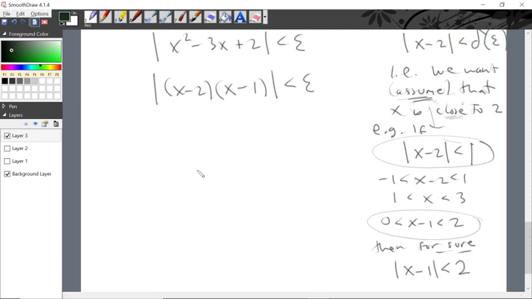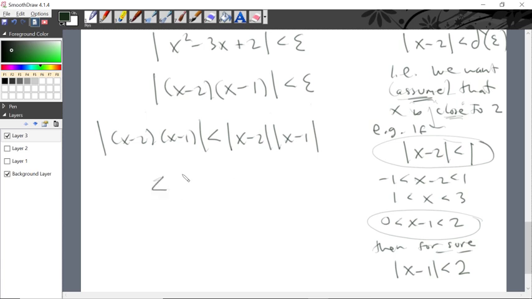Well, so now this statement right here, x minus 2 times x minus 1, is less than the absolute value of x minus 2 times the absolute value of x minus 1.